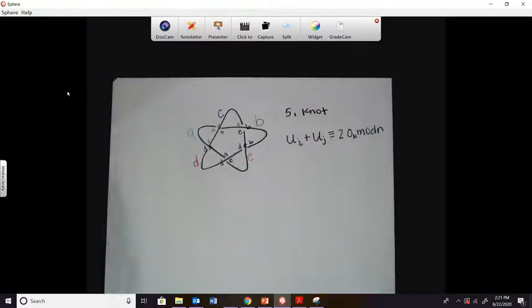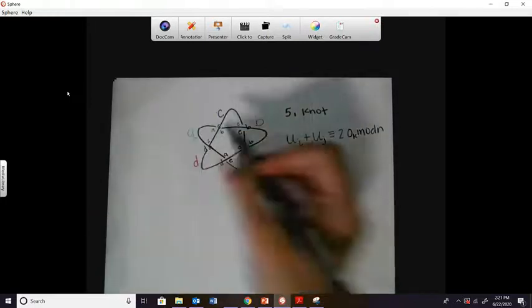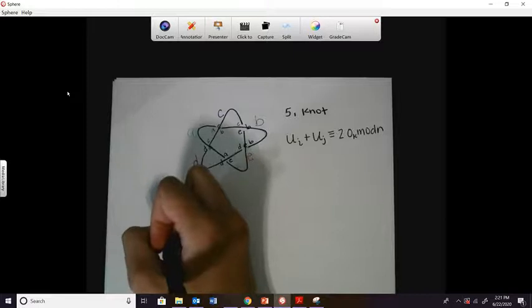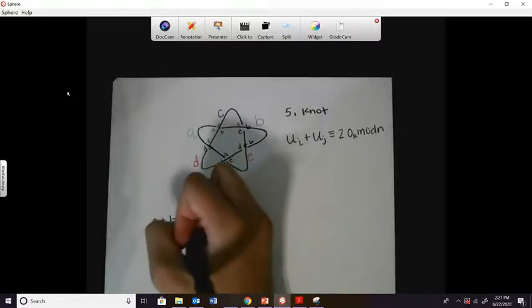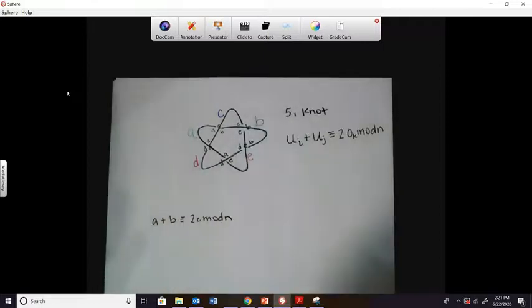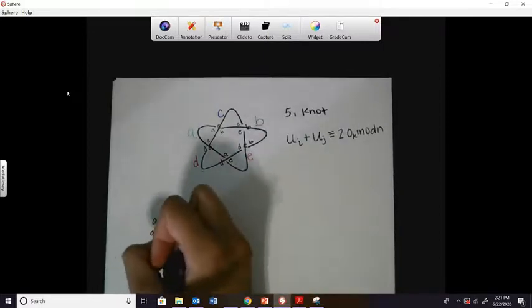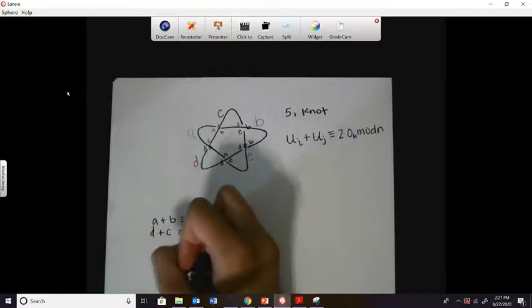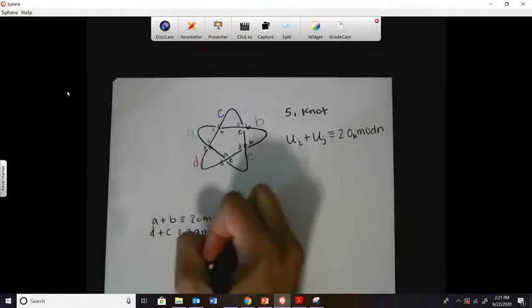So if I do that, I'm going to have this one here is A plus B is equivalent to 2C mod n. Then I've got D plus C is equivalent to 2A mod n.